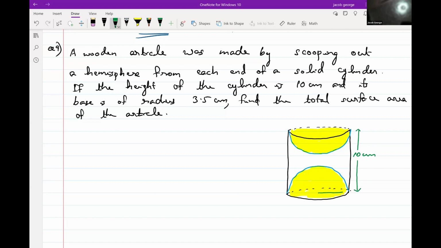Radius of the base is 3.5 centimeters. Height is 10 centimeters and radius of the base is 3.5 centimeters.